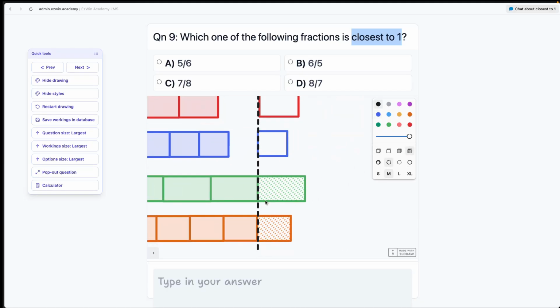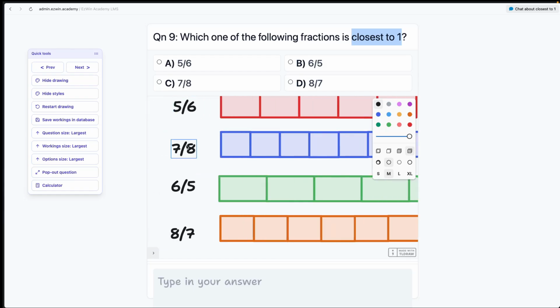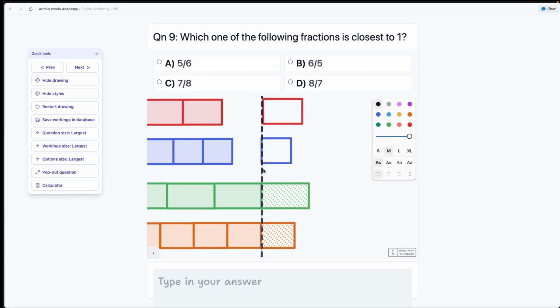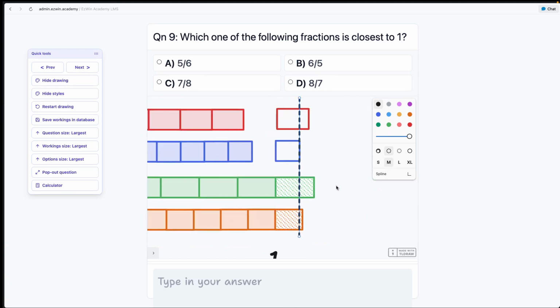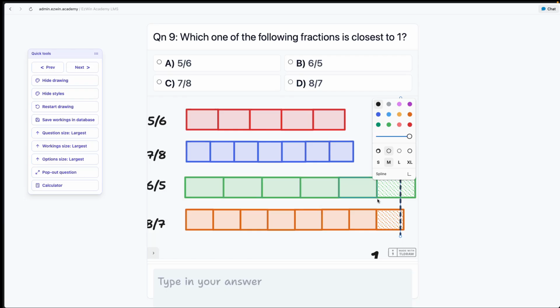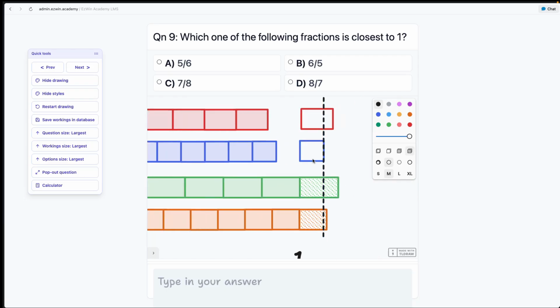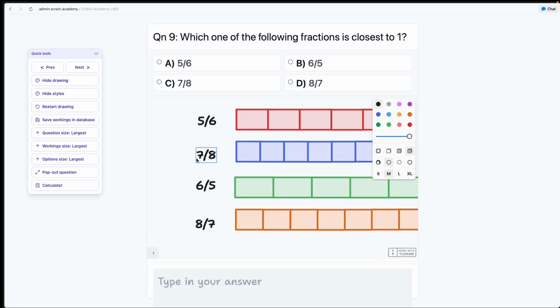Okay, so always look at the denominators 6, 8, 5, and 7 over here. Which one is the closest? And if you see it, barely, the winner, as you can see, is the blue one, which is 7 over 8.